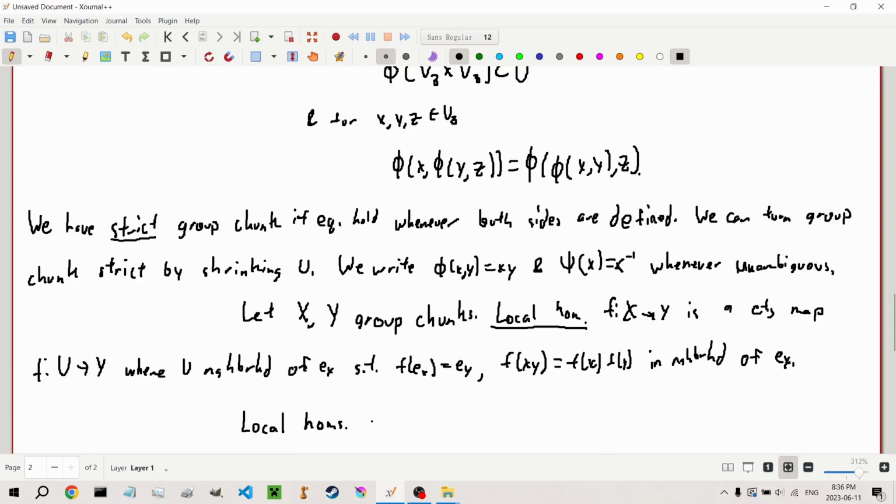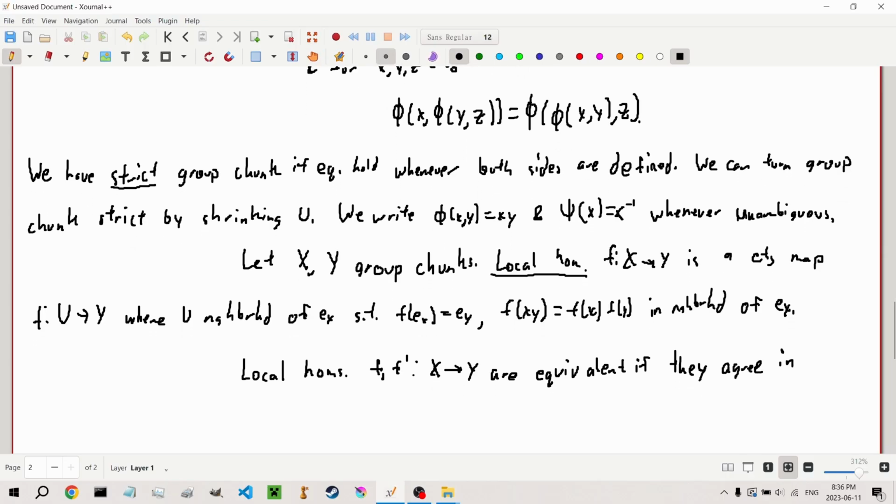Local homomorphisms f and f prime from x to y are said to be equivalent if they agree in some neighborhood of e to the x.